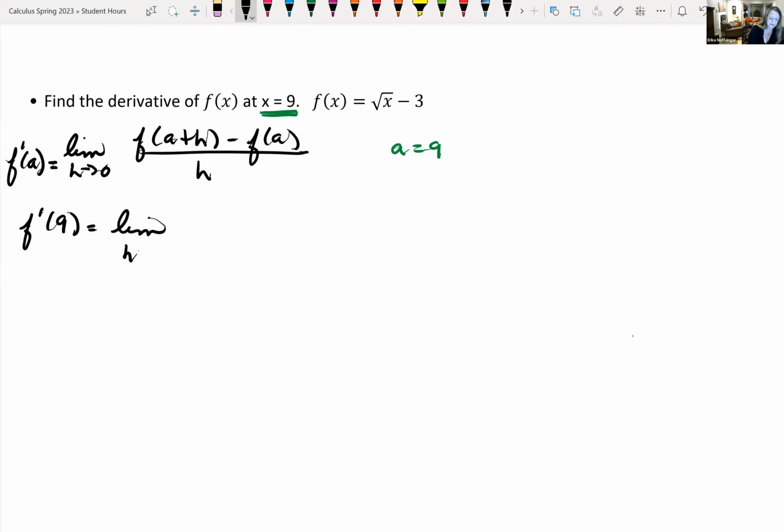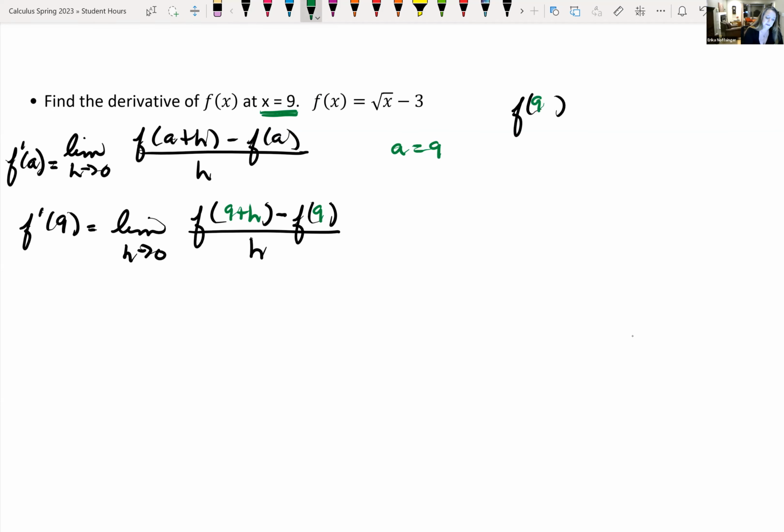We're looking at the limit as h goes to 0 of f of 9 plus h minus f of 9, all over h. Let's plug in and evaluate f of 9 plus h.